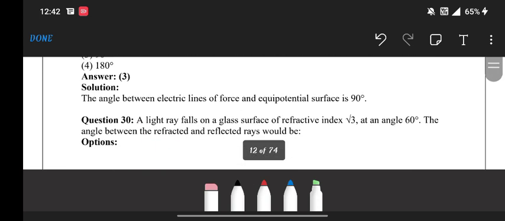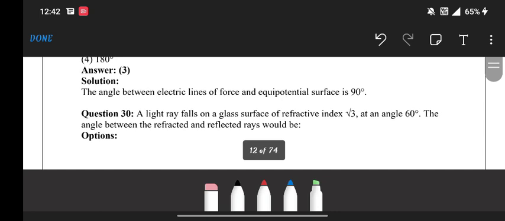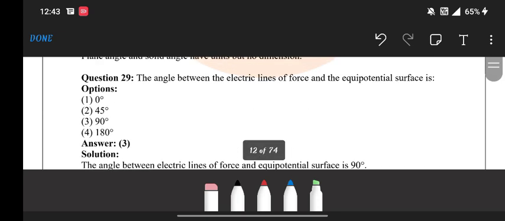The angle between electric lines of force and equipotential surface is 90 degree. So it is option C or option 3. So option C or option 3 is the correct answer for question number 29.